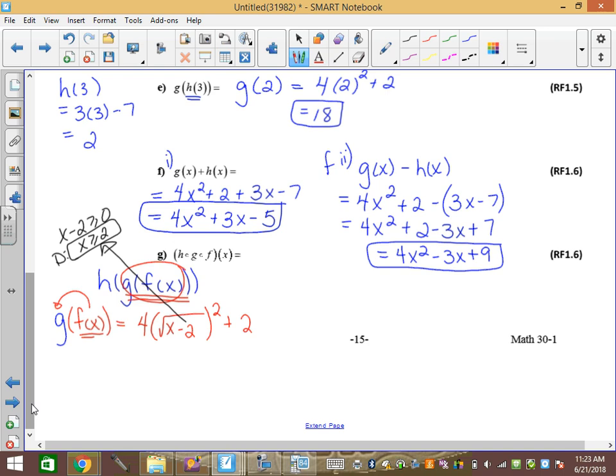It could be restricted more if I ended up with a rational expression in there or something else when I kept going doing compositions. But if at any point in time I have a radical or a restriction, whether that radical goes away by squaring it, which is going to happen soon, I still have a restriction on that radical. So that domain will always be restricted.